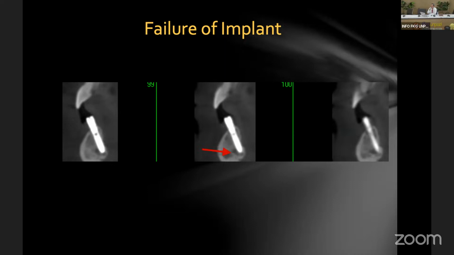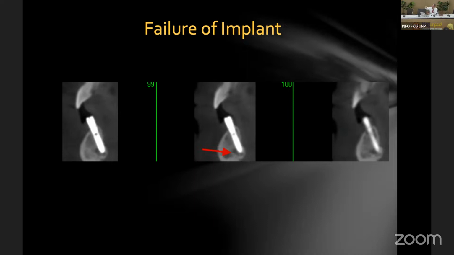That's the mental nerve. But the nerve still goes anteriorly to innervate the anterior teeth. The terminal branch comes out from the lingual foramen. Sometimes the lingual foramen is small, sometimes it is big.